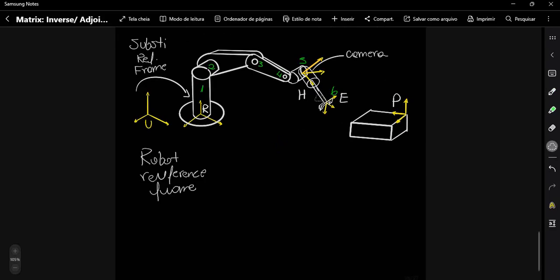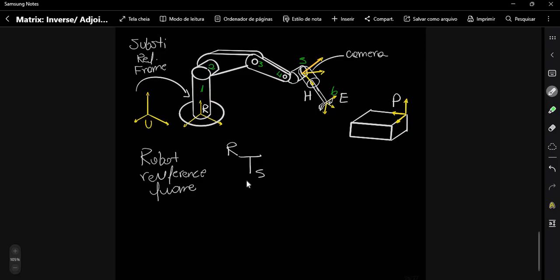And right now we will write a transformation having this frame as reference. So it is a transformation of the fifth link in relation to the frame R.